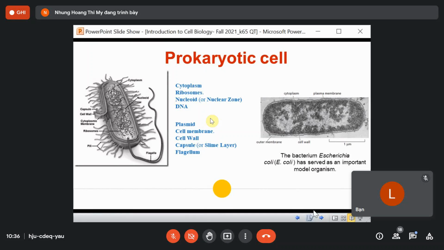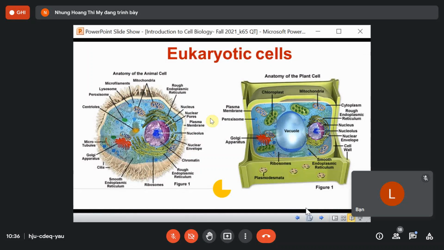The eukaryotic cell is much more complicated, with many more organelles inside the cell. For the eukaryotic cell, we have the animal cell and the plant cell. They share some common organelles and also have different organelles.